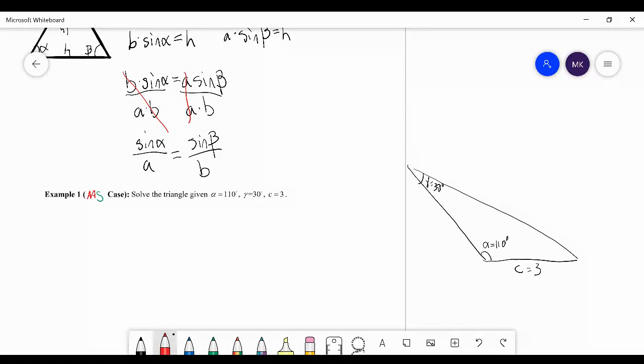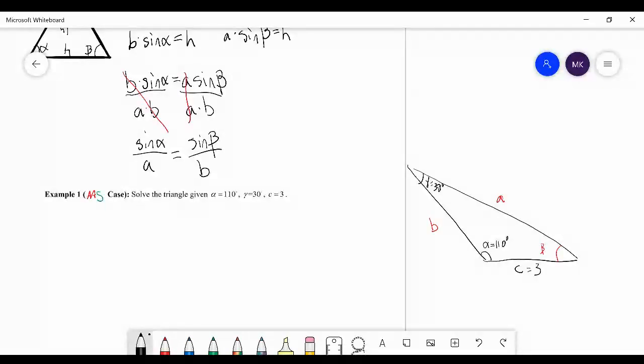So what I need to find is I need to calculate beta here, I need to calculate the value of A, and I need to calculate the value of B. And I can do all of that using one nice quick fact and using the law of sines. The quick fact I'm going to use is that the sum of the angles of a triangle is equal to 180 degrees.